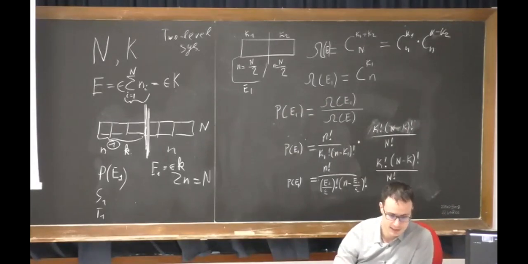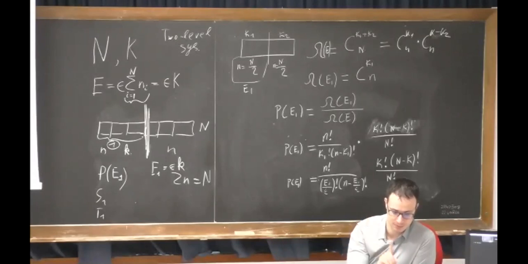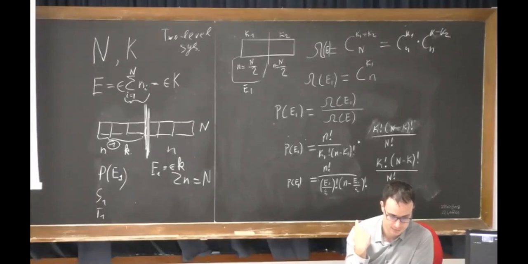Anna, can you comment? For computing the entropy, you need to use the first relation, the K1 plus K2. Wait a second, I'm asking about probability right now. The probability, yes. I started with the energy instead of that. But do you understand? It's the same. Yes, it's the same.